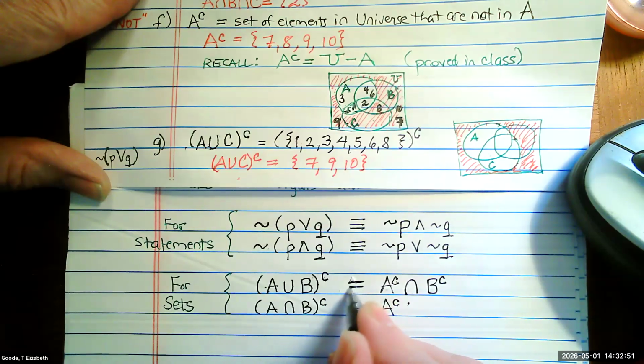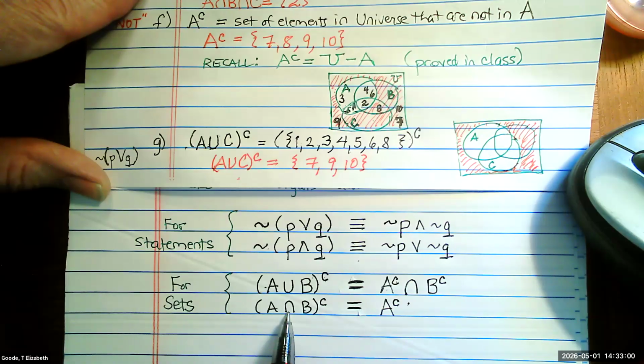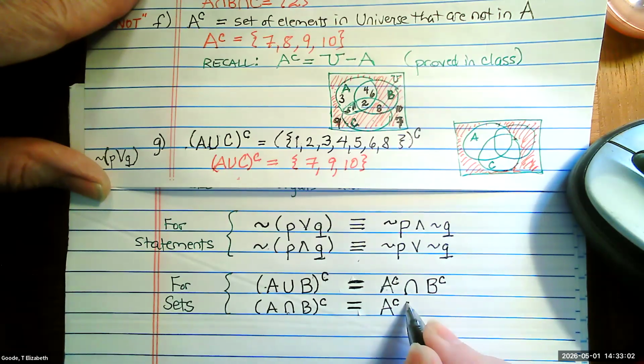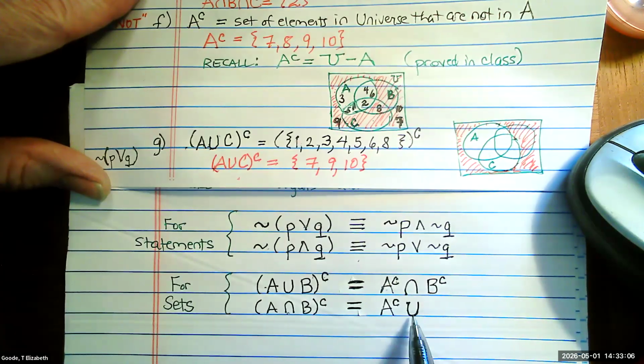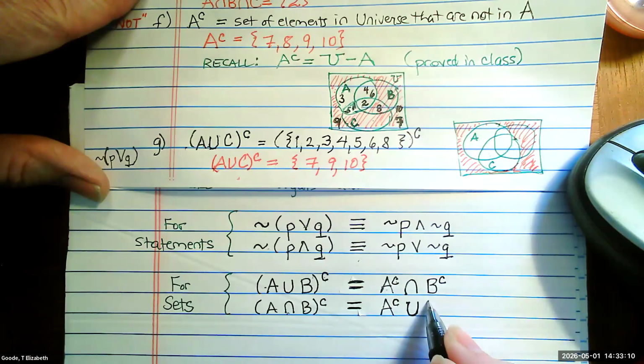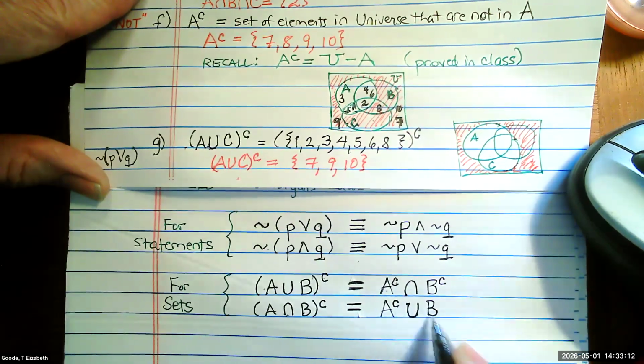This is actually set equality, not statement equivalence, because it's not logical equivalence, it's set equality. So this intersect will flip to what's this symbol called? Do you remember? Yep, it's going to be the union. And the union is the or.